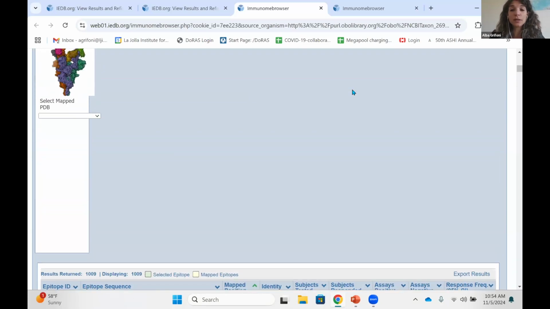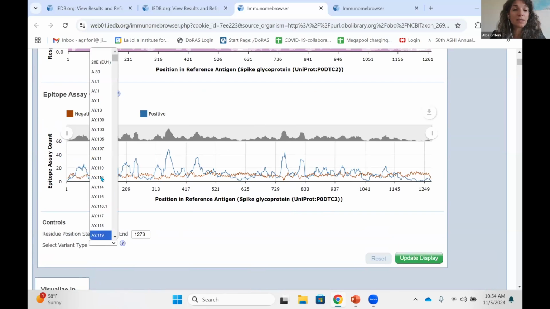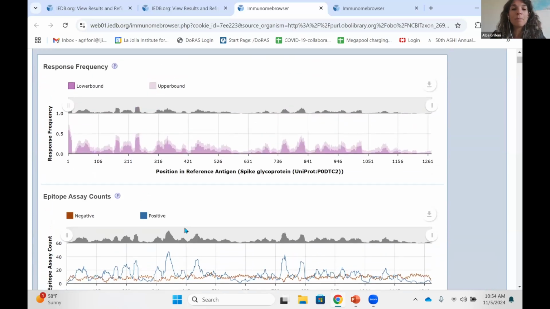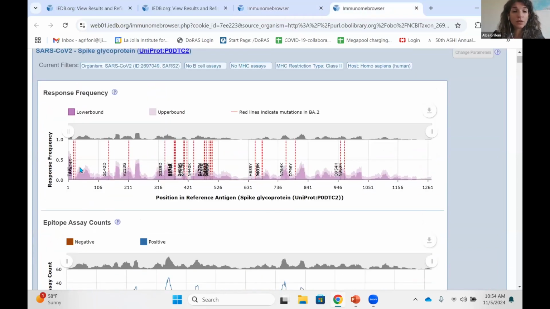One cool feature that IEDB has implemented in the context of SARS-CoV-2 is the fact that we can also map specific SARS-CoV-2 variants and look at how the mutations map within the protein based on the immunodominance. And so what I'm going to show you here is the mutations for the BA.2 variant, the variant that BA.2.86 originated from.